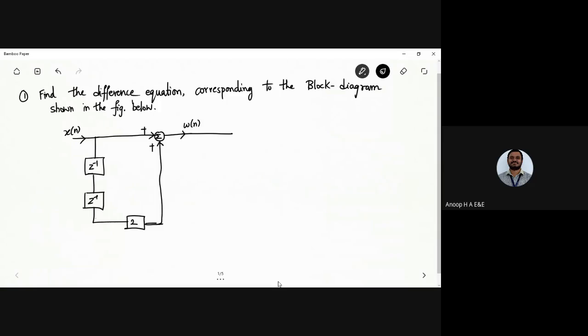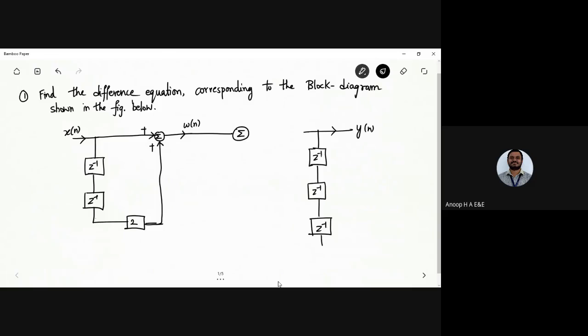Next, you are going to have another summation block like this. From the output, that is y of n, you can take z inverse, the delay block, then another z inverse, and one more.